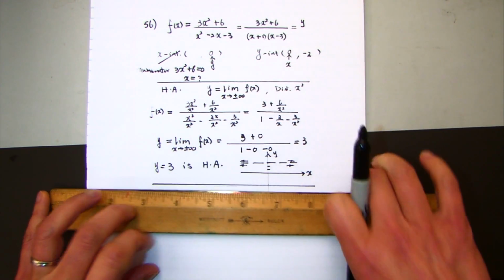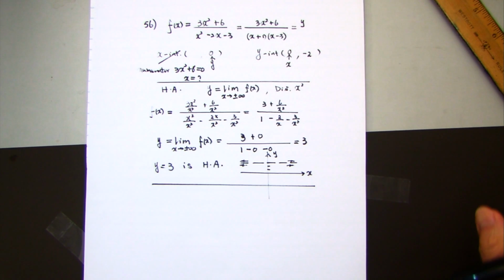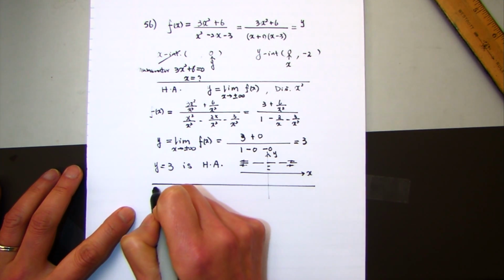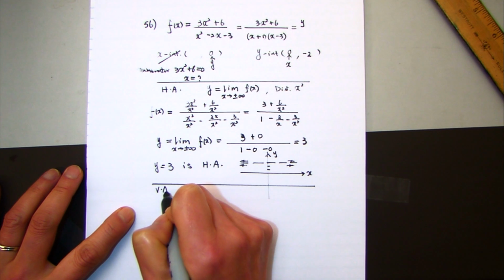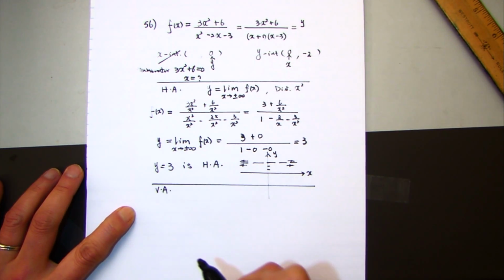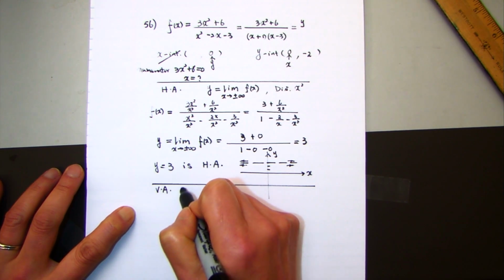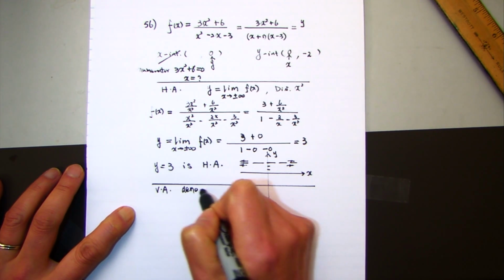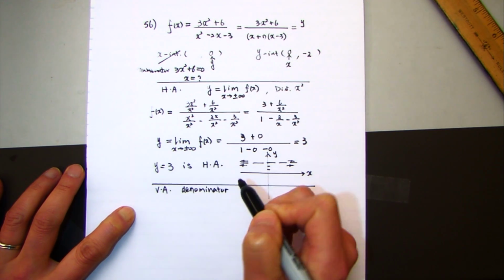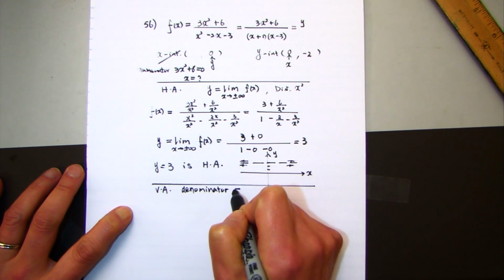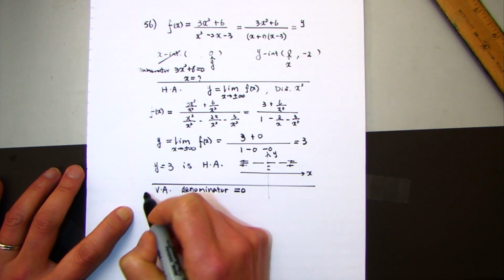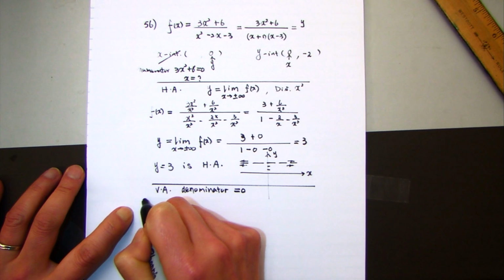Now we're going to do the vertical asymptote. Where do you reach a vertical asymptote? That is when the denominator equals 0. One more time: what's the domain again?